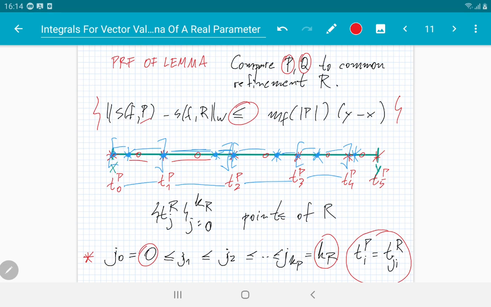Now let's write the Riemann sums for these two partitions.